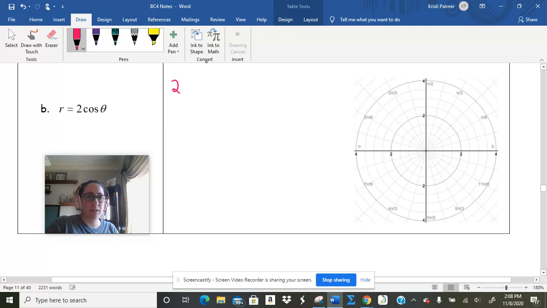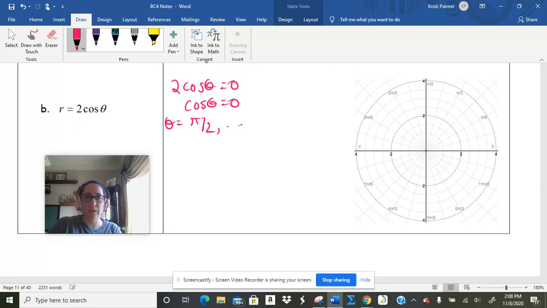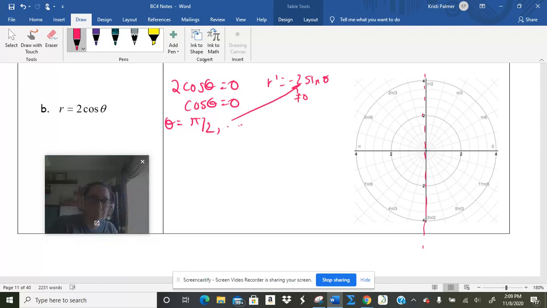Okay, so let's find where this guy is 0. 2, and then they repeat. And r prime, -2 sine theta, not 0. Okay, so we've got this tangent at the pole.